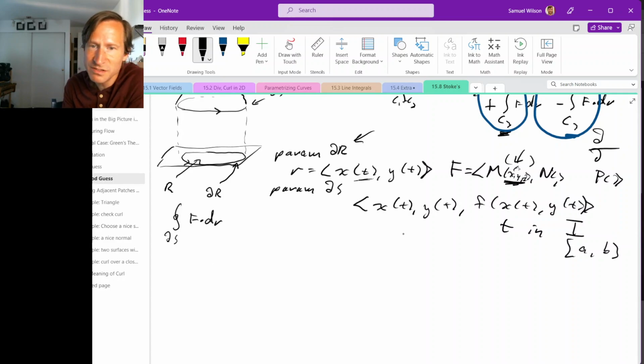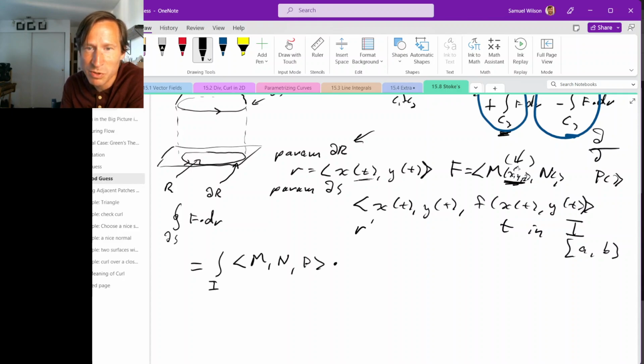Okay, so let's use this parameterization to write out this line integral. So this is the integral over the parameter values that we need, I, of f, which is m n p, dotted with the derivative, right?